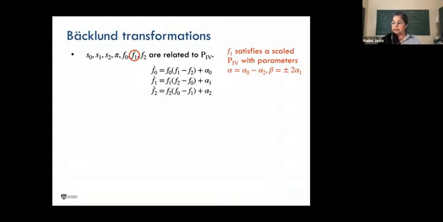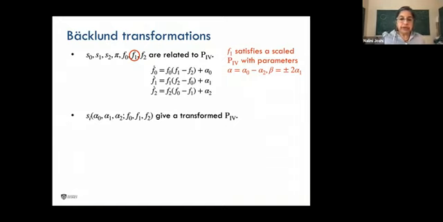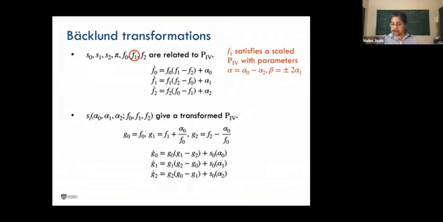If I take the reflection operation on these variables, what you find is a transformed version of Painlevé 4 given by G. Excuse me for a minute.